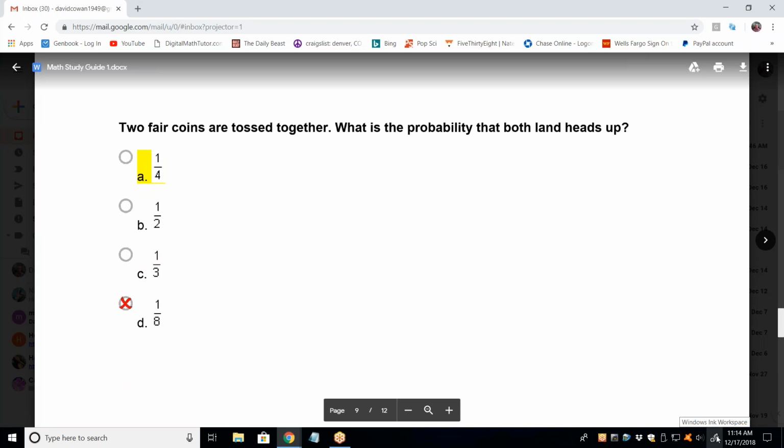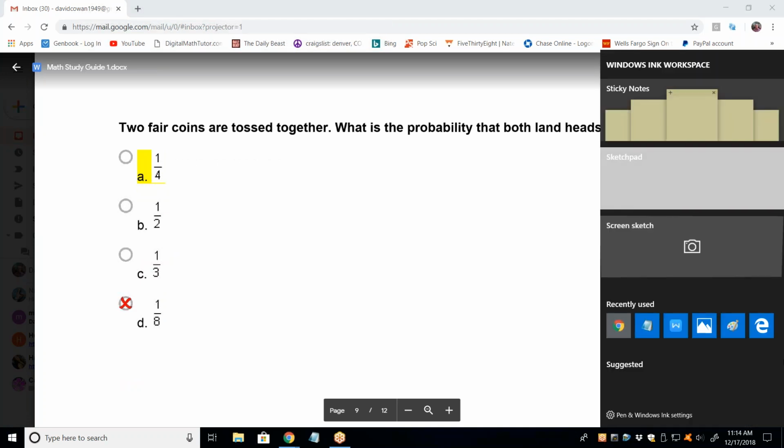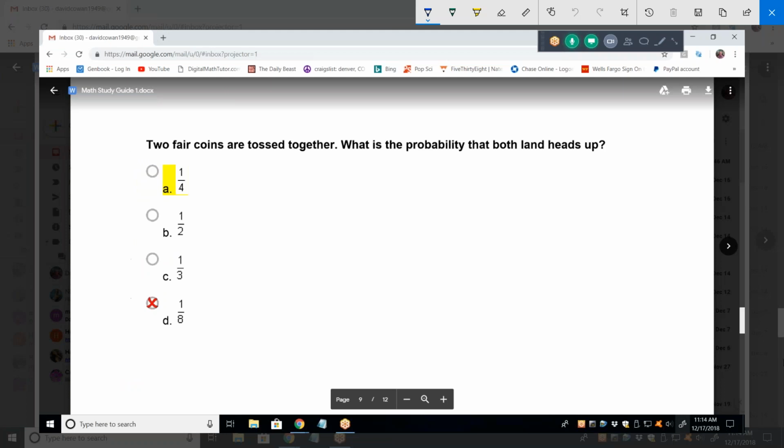When you toss one coin, what's the probability that it lands on heads? 50%. 1/2. Well, if you toss the same coin twice, the odds that it lands on heads again is going to be another 1/2.